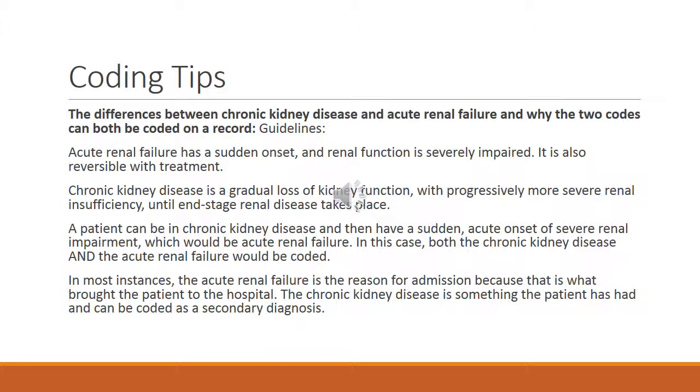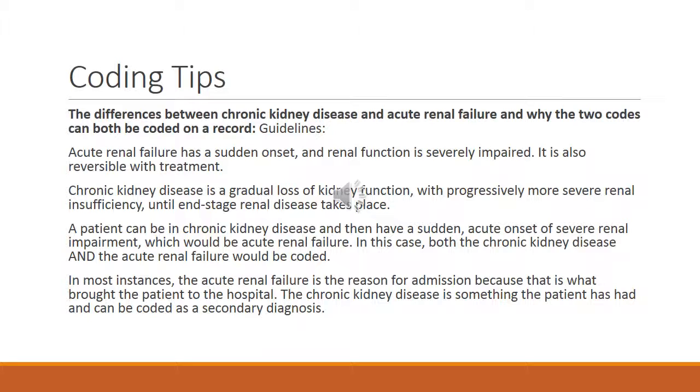Chronic kidney disease is a gradual loss of kidney function with progressively more severe renal insufficiency until end-stage renal disease takes place. A patient can be in chronic kidney disease and then have a sudden acute onset of severe renal impairment, which would be acute renal failure.